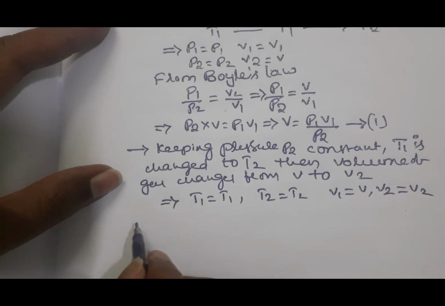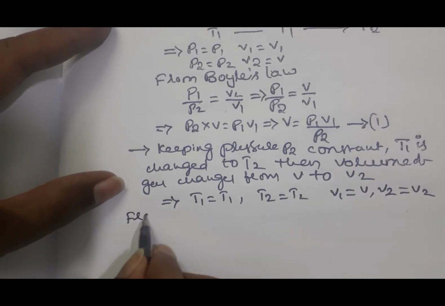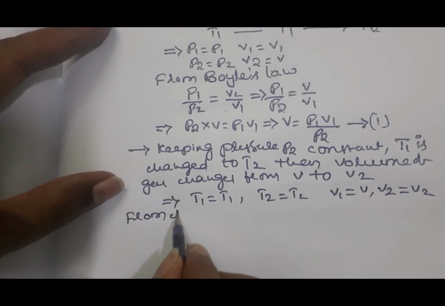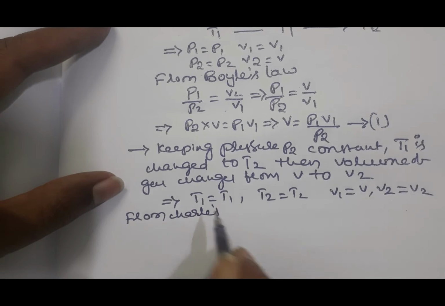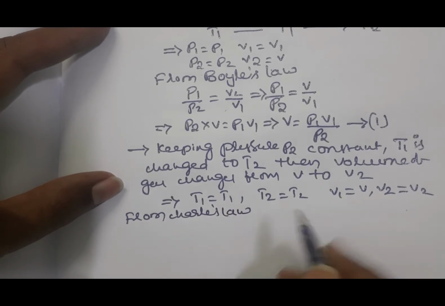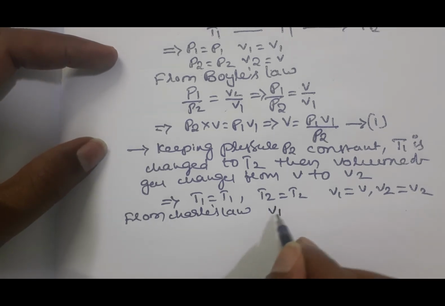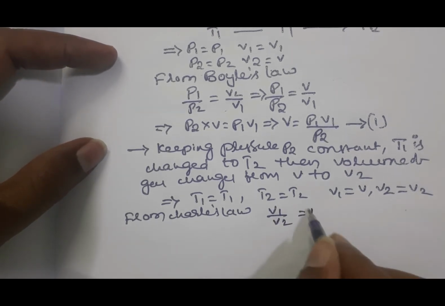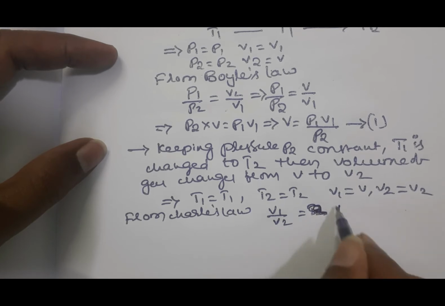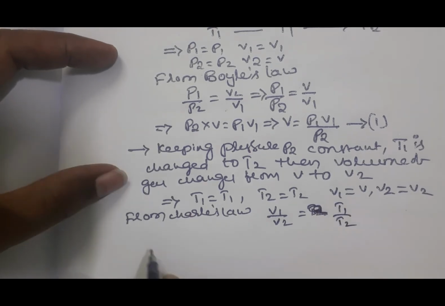Now from Charles' law, we know the relation between the absolute temperature and the volume of the gas. V1 by V2 is equal to T1 by T2.